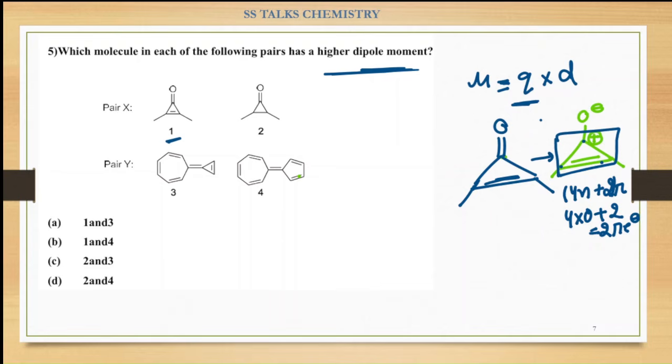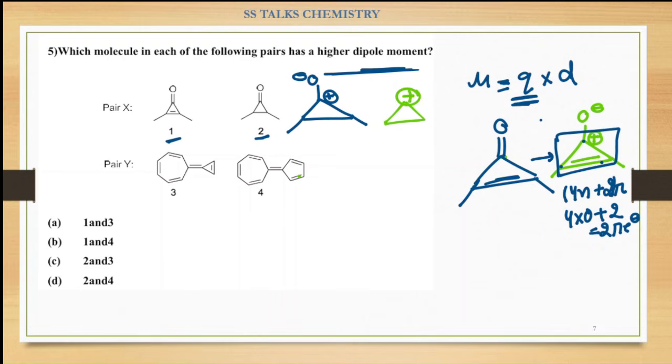So for the dipole moment we needed this charge presence, and that is being formed in this case. So this one is going to possess the dipole moment. Whereas in the similar molecule number 2, if I present it in the charged form, O bearing the negative charge and carbon bearing the positive charge, based upon their electronegativities, the species I get is just a three-membered ring with a positive charge formed over here.